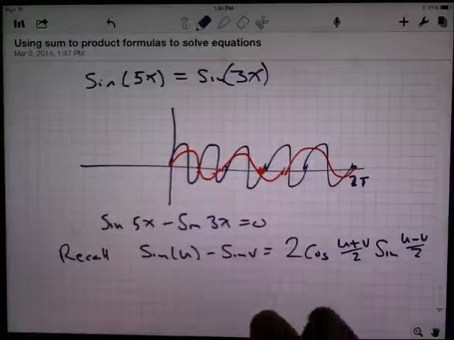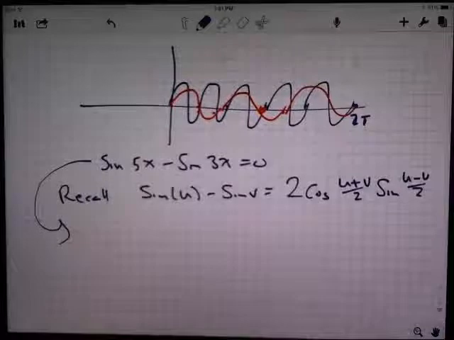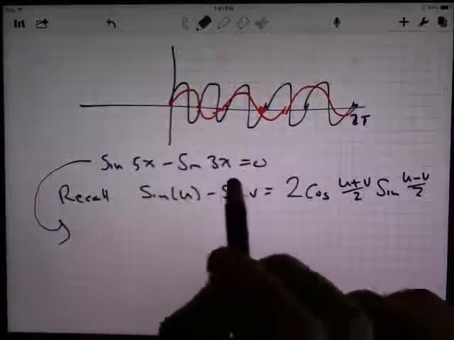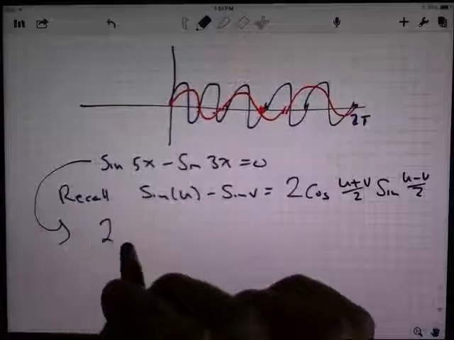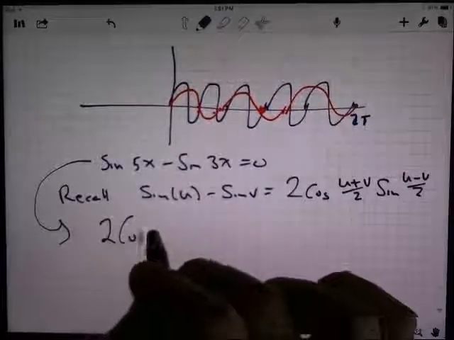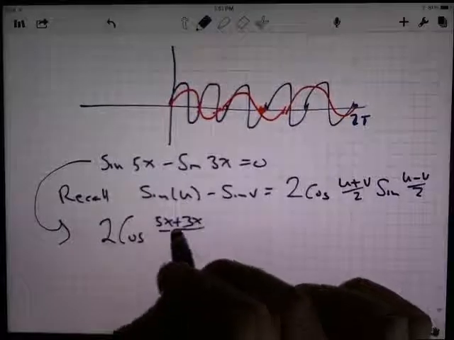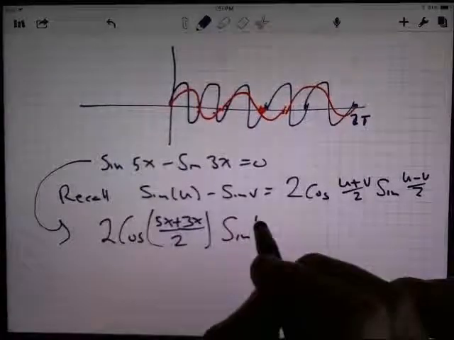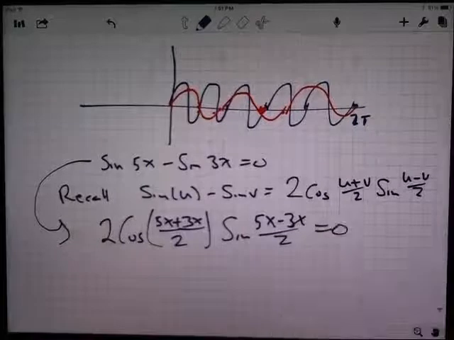I can use that to rewrite the left-hand side of this equation, because the 5x is playing the role of u and the 3x is playing the role of v. So this left-hand side should turn into 2 times the cosine of (5x plus 3x) over 2 times the sine of (5x minus 3x) over 2, and this is equal to 0.